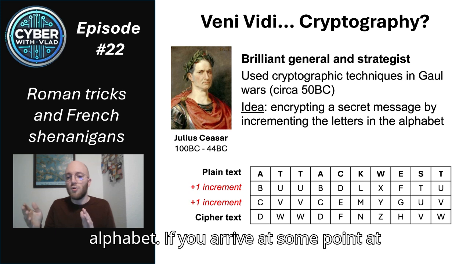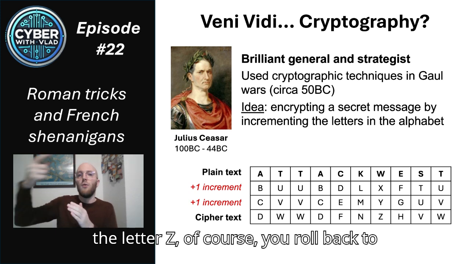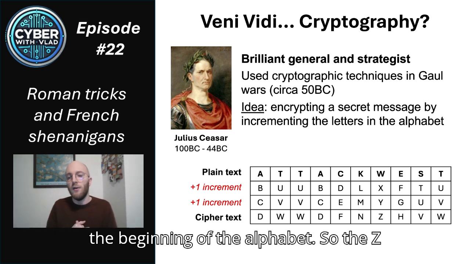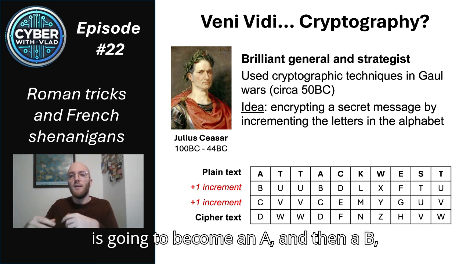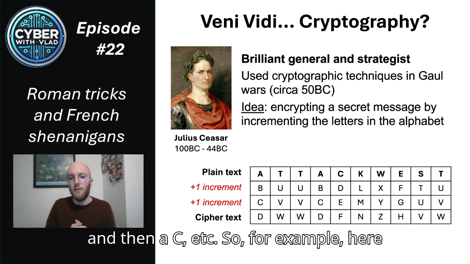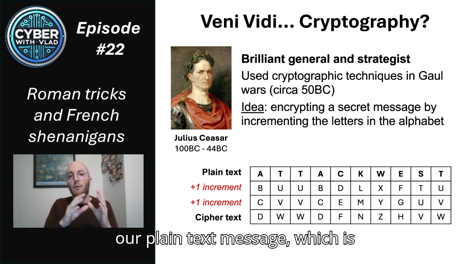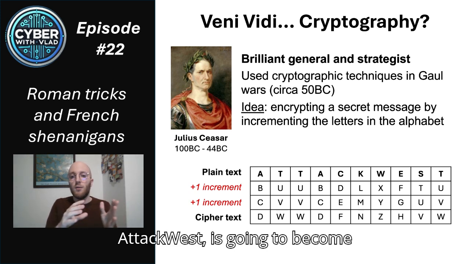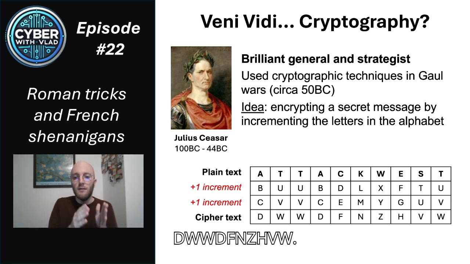If you arrive at the letter Z, of course, you roll back to the beginning of the alphabet. So Z becomes A, then B, then C. Here, our plain text message, attack west, becomes D, W, W, D, F, N, Z, H, V, W.